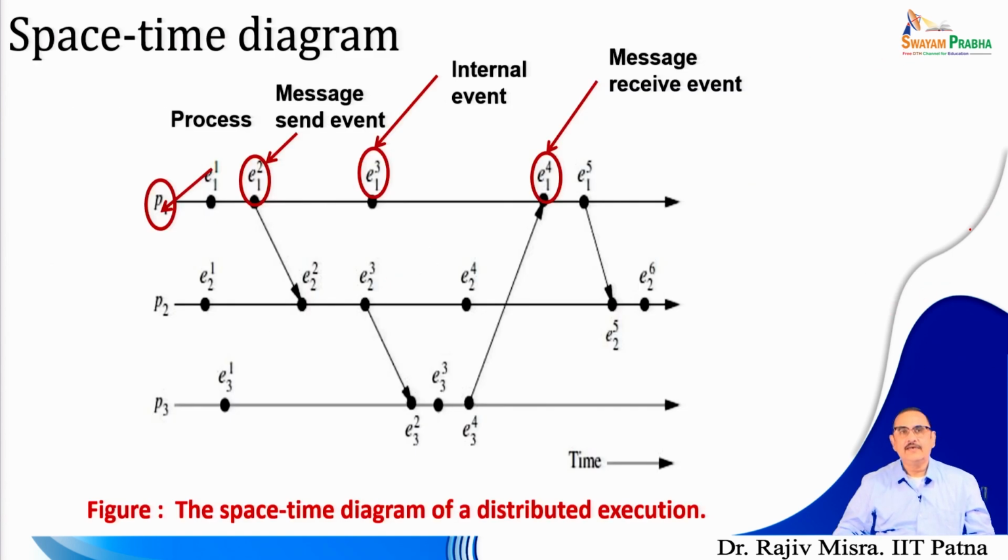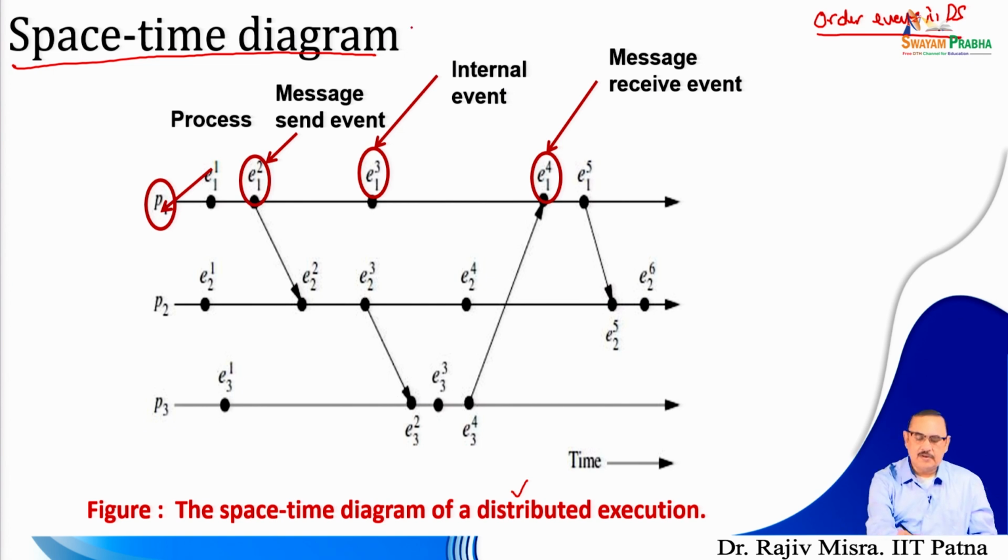For that, let us see a diagram called a space time diagram. A space time diagram will try to order the events in the distributed system.